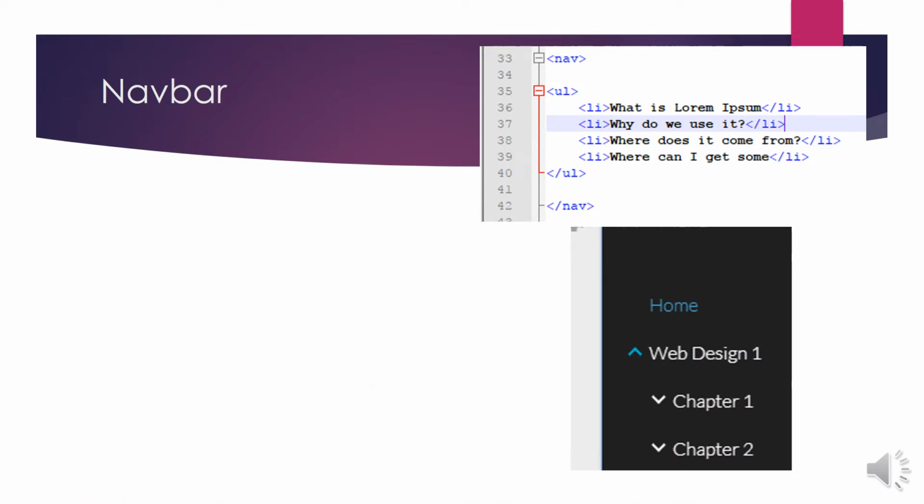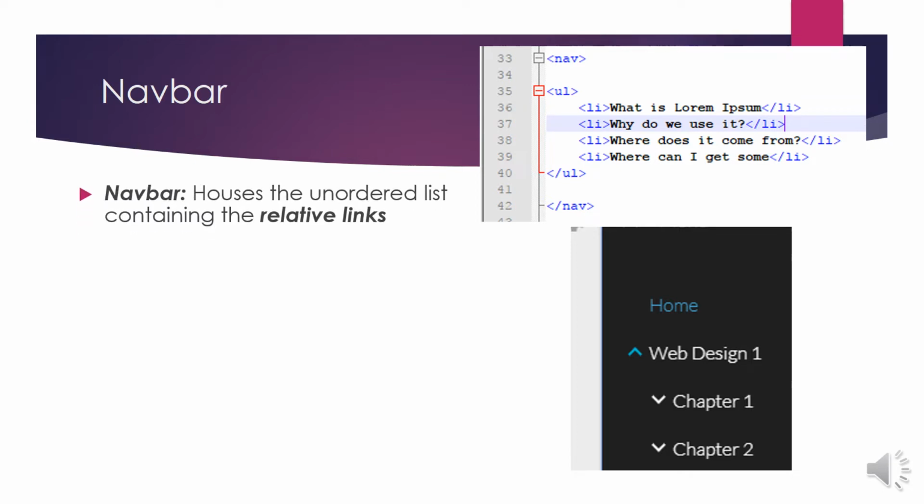The next section we look at is the nav bar. The nav bar will follow the header. It houses the relative links for your website. If you remember our Google Sites, if you look at the image on the bottom right, on Google Sites we had a home page, web design page, a chapter 1 page, chapter 2. These are all relative links because they move you around your website.